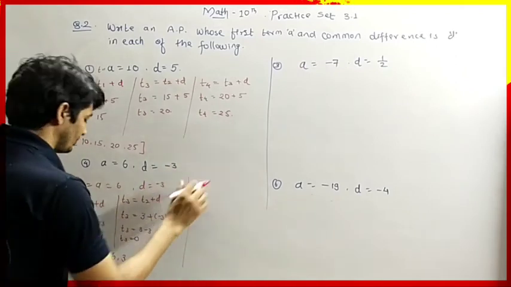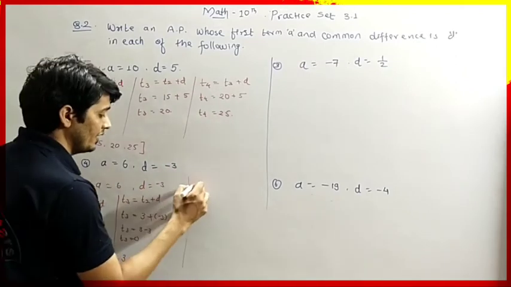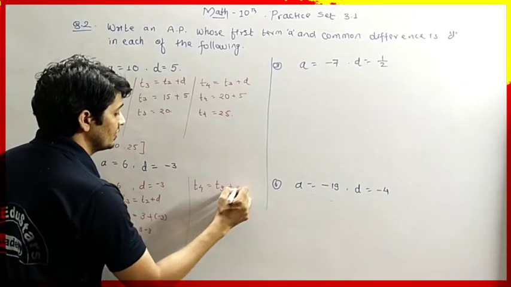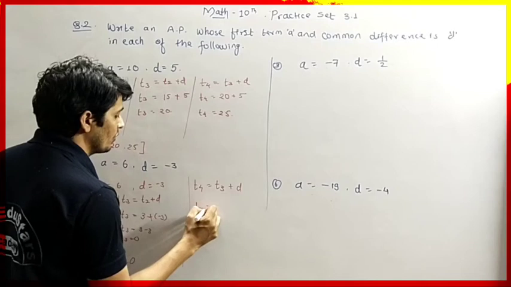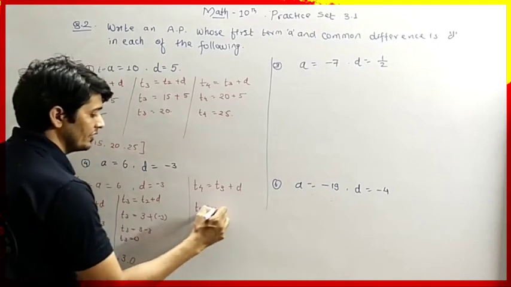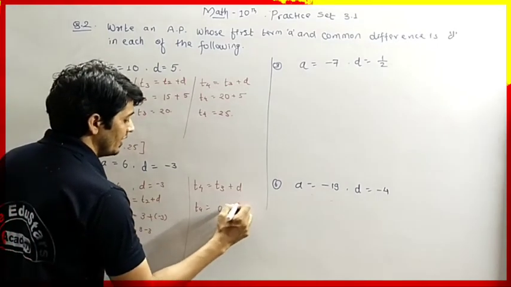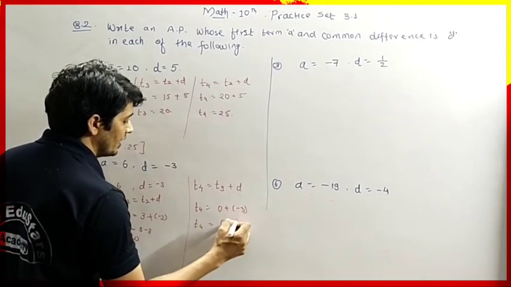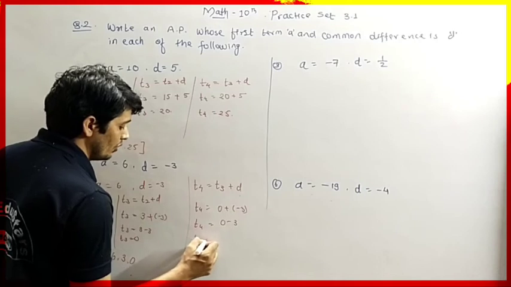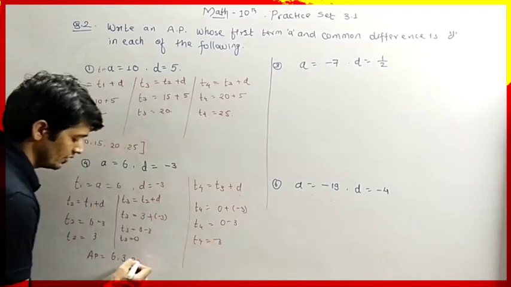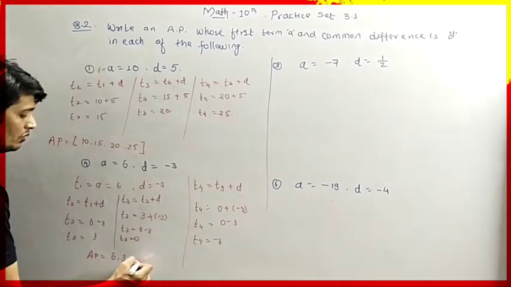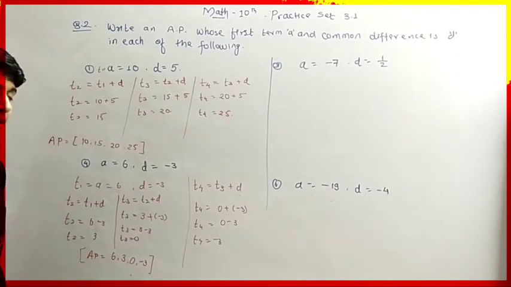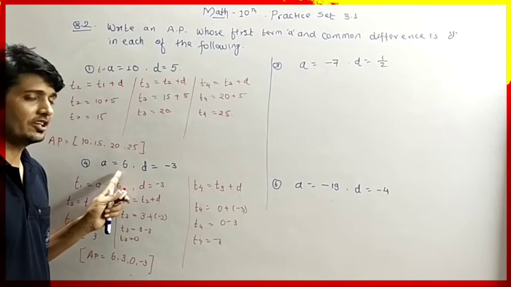Now we have to identify T4. T4 equals T3 plus D. T3 is 0, plus D which is minus 3. So T4 equals 0 minus 3, which is minus 3. So this is our required arithmetic progression for this condition.